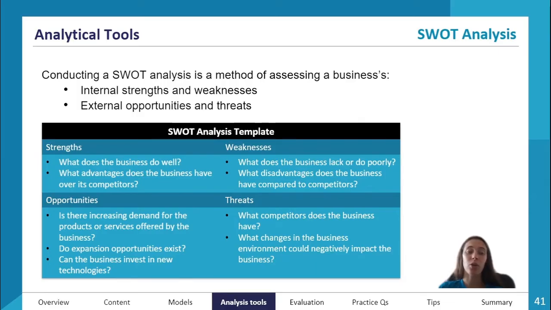So you could think about, are there expansion opportunities? Can the business invest in new technologies? Is there an increasing demand for products or services that the business can leverage so they can get even more sales and more revenue? So that's a matter of looking at the business environment and thinking about what the business can do to make the best use of that.